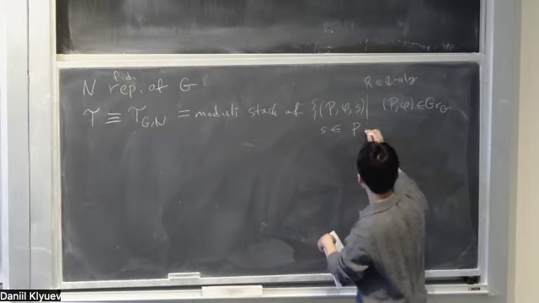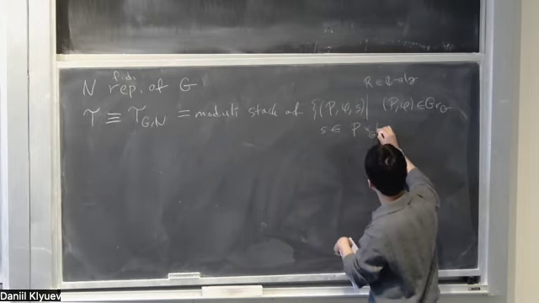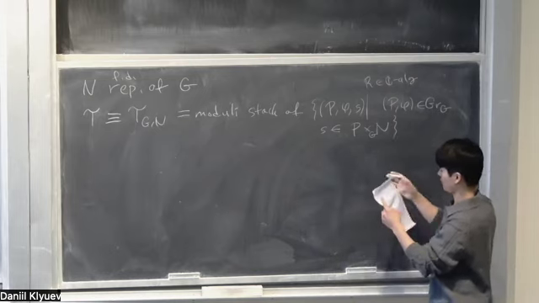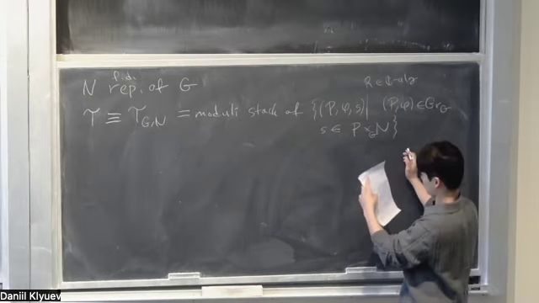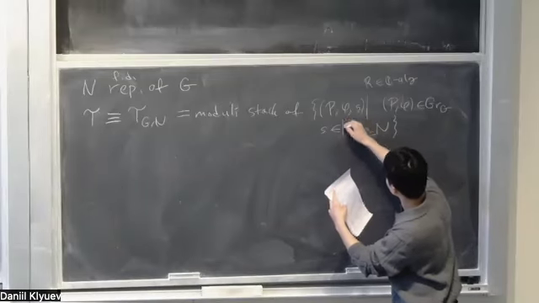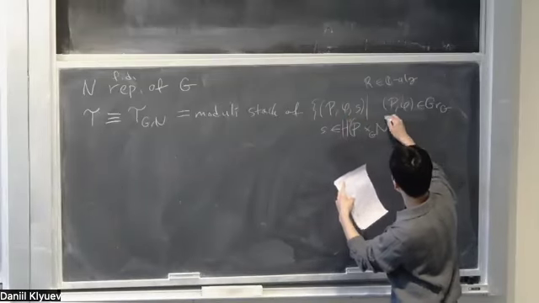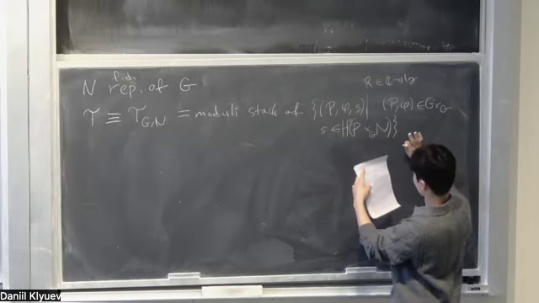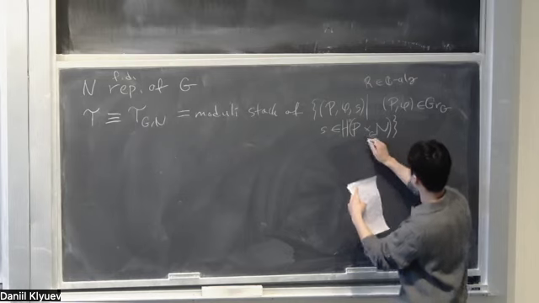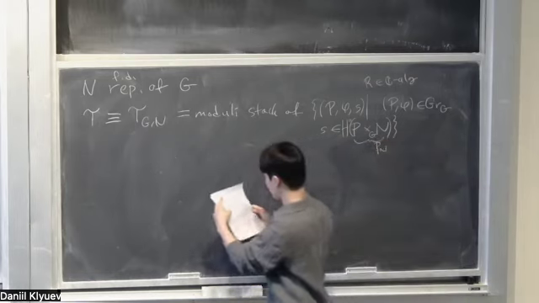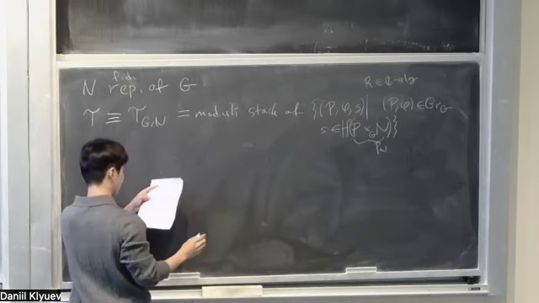P is a G-torsor, so we can form a vector bundle like this, P times N. So s is in H0 of this thing. Let me call this P sub N.